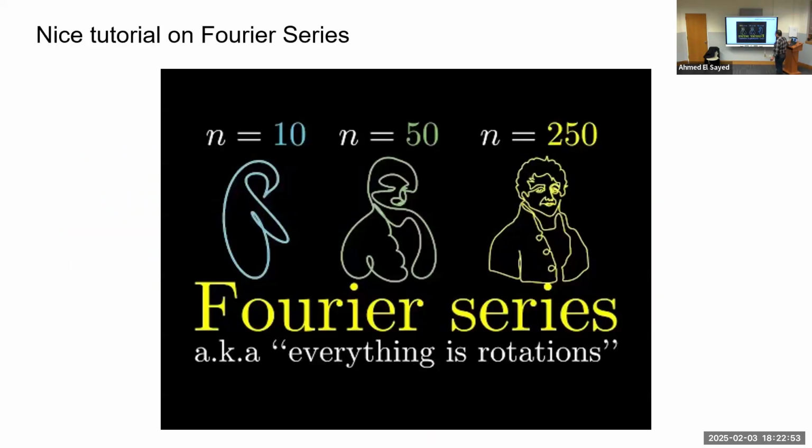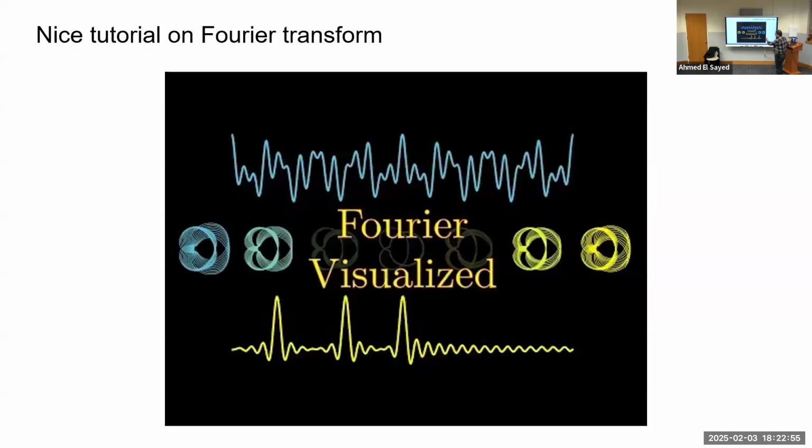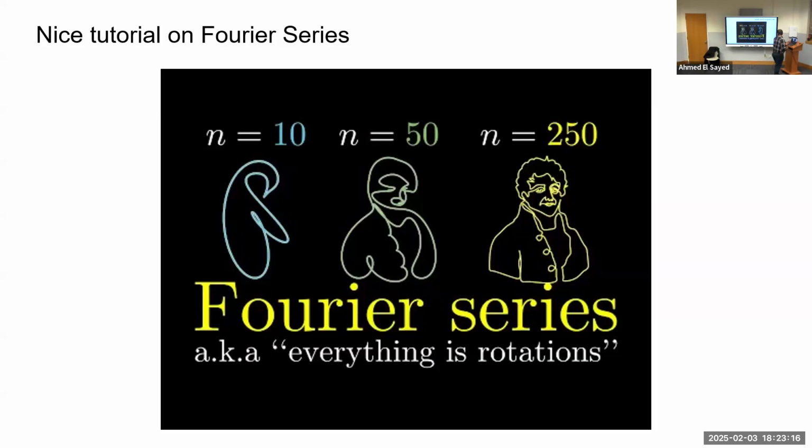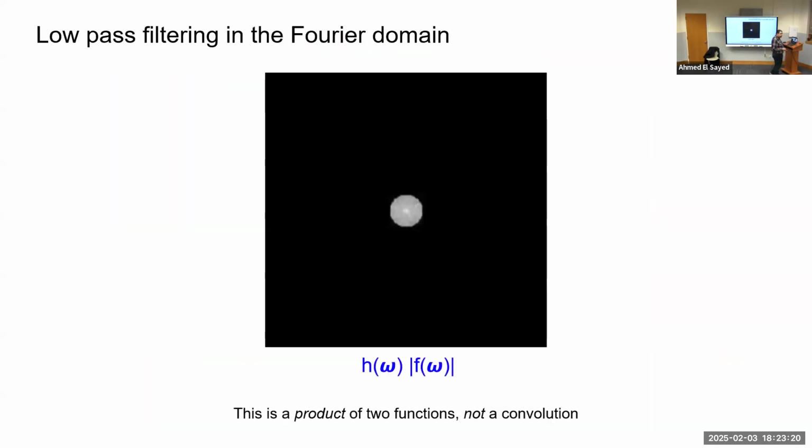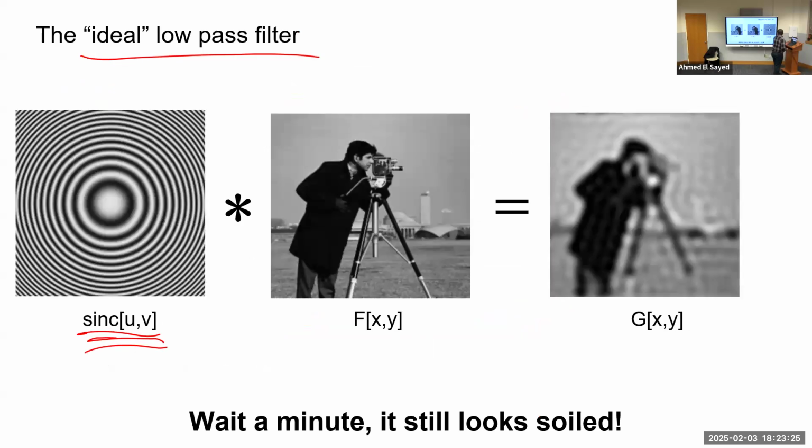And there are also some video resources from a channel called 3Blue1Brown. It's specialized in explaining high-end mathematics and AI systems. They provide some good explanations about the Fourier analysis in general, including the Fourier series and the Fourier transform.